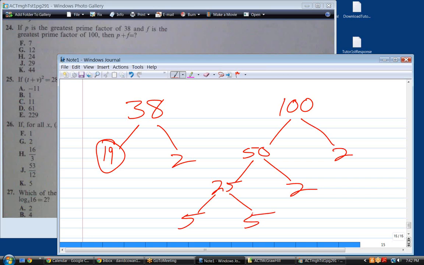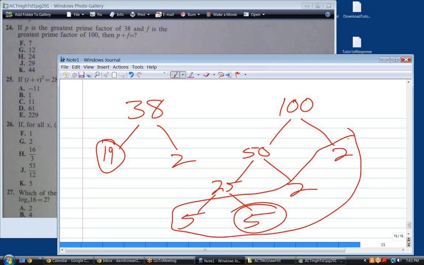So what's the greatest prime factor of 100? 5. In other words, the prime factors of 100 are 5 and 2. It's 5 times 5 times 2 times 2, and all 4 of those are the prime factors of 100.